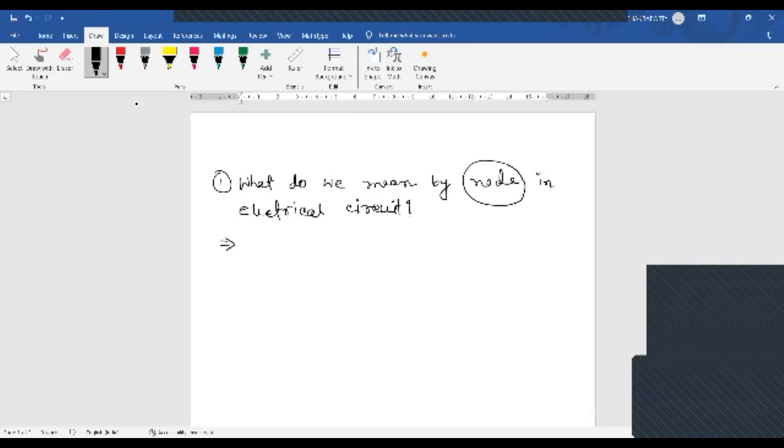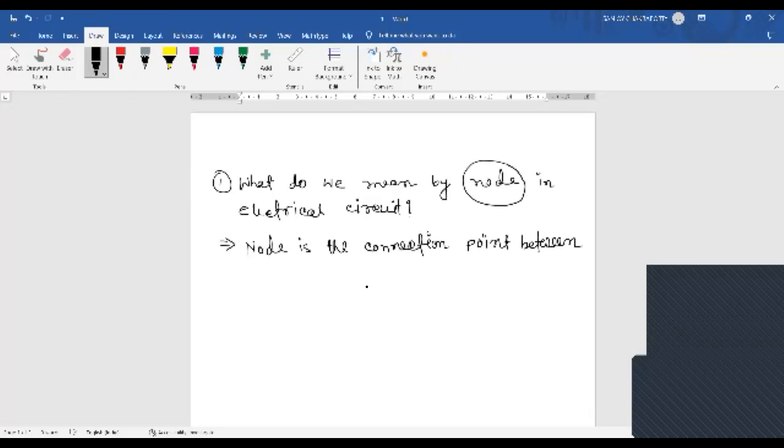So first, if we write, node is the connection point between any two electrical components.